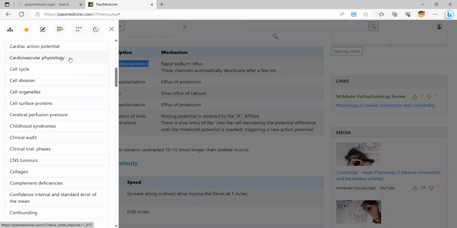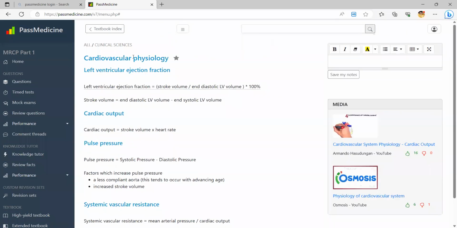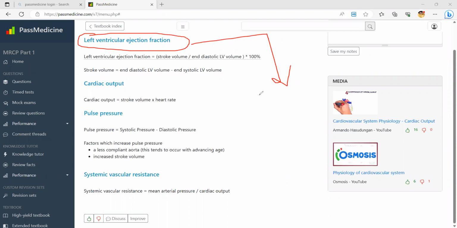Okay, so the next topic is cardiac physiology, starting with left ventricular ejection fraction. As we have done in cardiology, Dr. Rubab, if you are here, can you see the screen? Then let me know which investigation is very important to detect the ejection fraction of the heart.